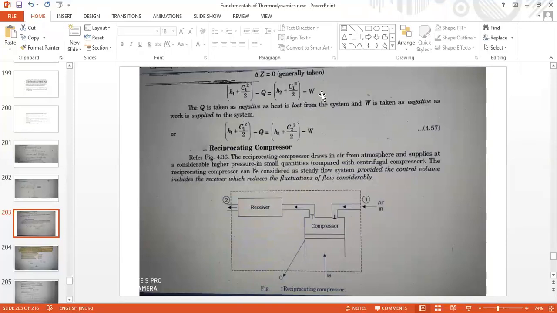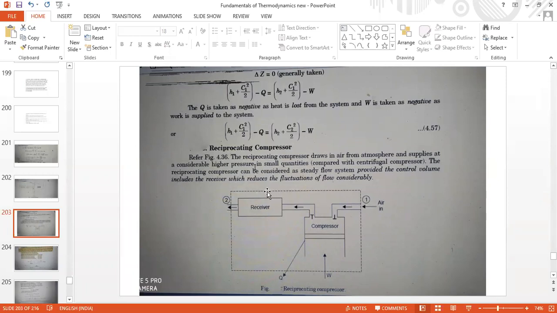And W, whether it is to be found out or given, is a negative value, because for a work consuming device, work input is taken to be negative as per the thermodynamic sign convention. So these equations are equally applicable to a reciprocating compressor.